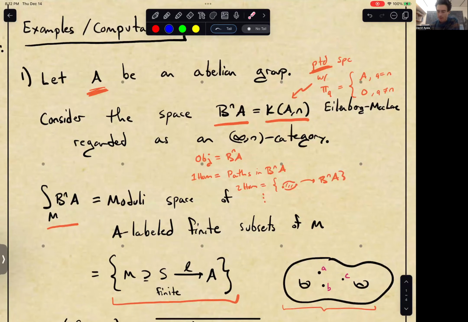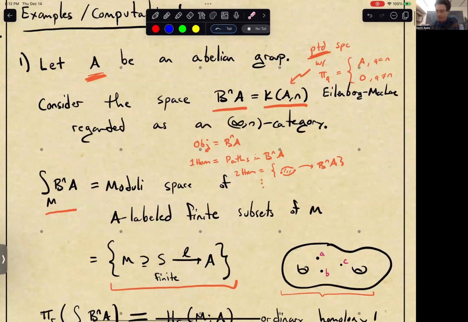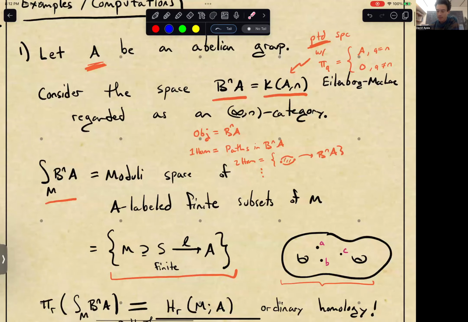So the first example I wanted to talk about was how factorization homology generalizes homology, and to see that one can take an abelian group, regard it as an E_n algebra, deloop it to regard it as an n-category, and then take factorization homology of it.